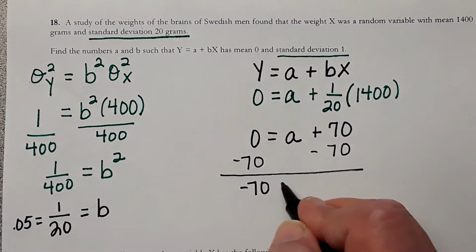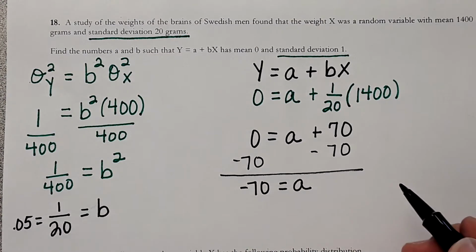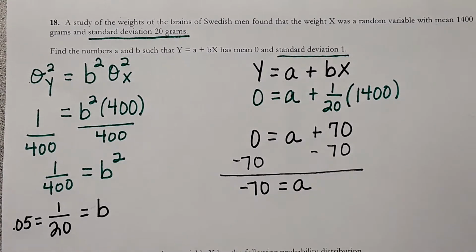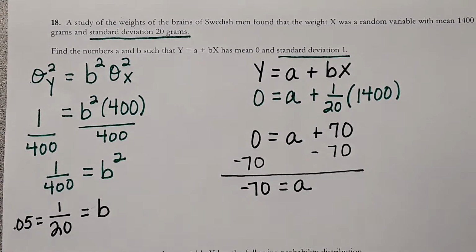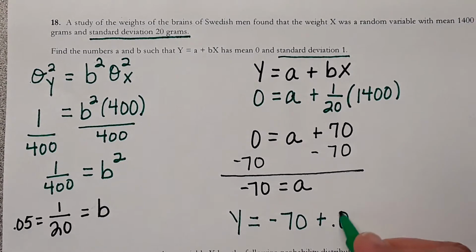Negative 70 equals A. And then it says find the numbers A and B. I found A and B. And then let's write the equation. So the equation would be Y equals negative 70 plus 0.05 X.